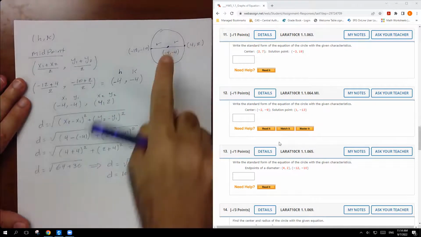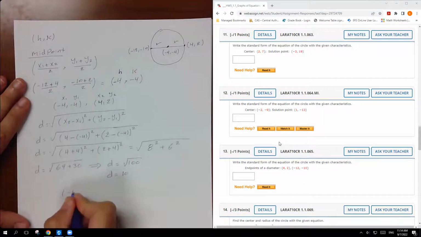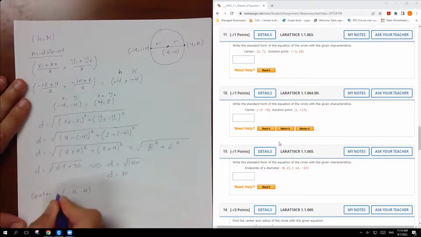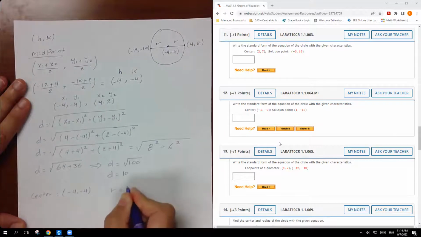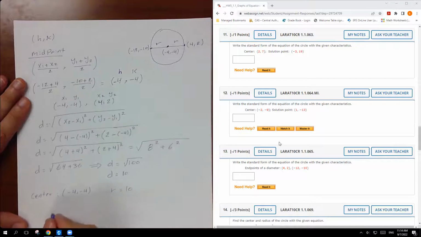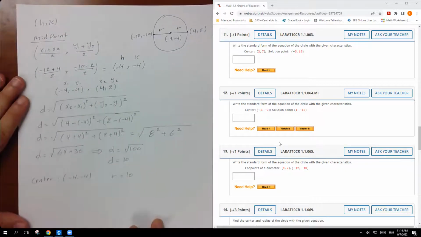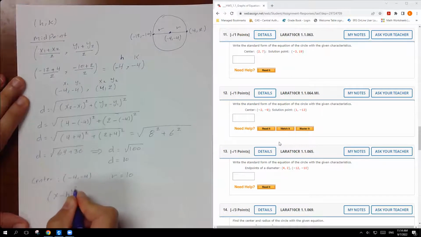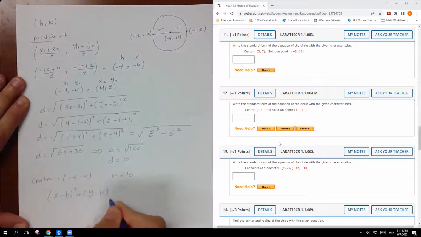Now I have the center, which is -4 and -4. This is the center. And I have the radius 10, which is the distance between this point and this one. So I can write down the equation of the circle. So it's going to be x minus h squared plus y minus k squared equal r squared.